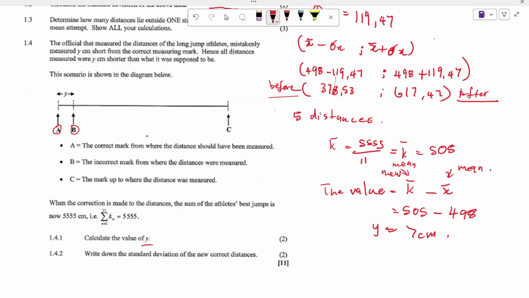And if all the distances were affected in this particular case, our standard deviation is not going to be affected. And why am I saying that?